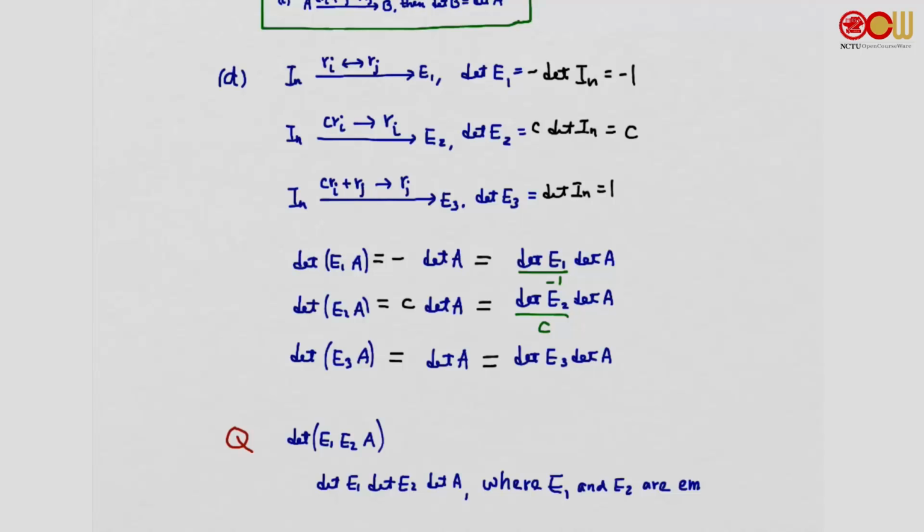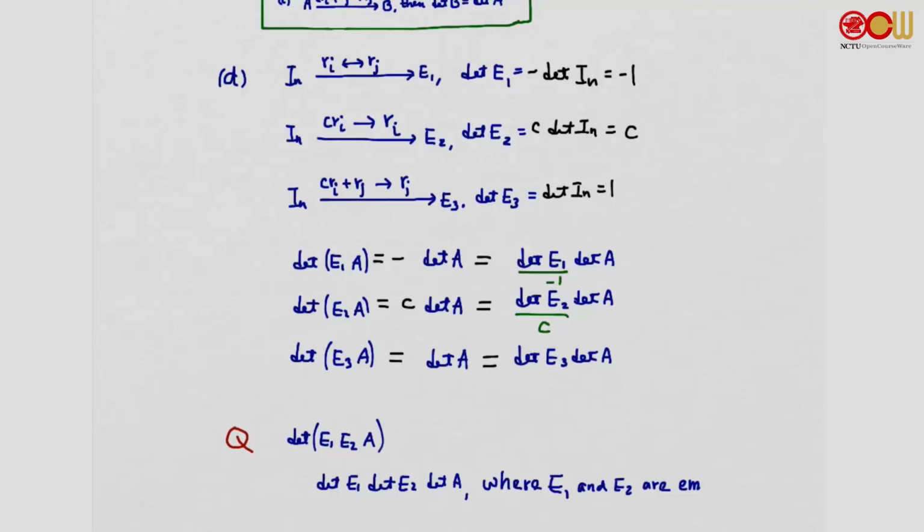A question. Let's consider the determinant of the product E1 E2 A. These E1 and E2 are elementary matrices. They may not be the same as E1, E2 here. This E1 corresponds to the elementary row operation of row interchange, and this E2 corresponds to the elementary row operation of scaling. But here E1, E2 are simply elementary matrices. They are not necessarily the same as E1, E2 here.